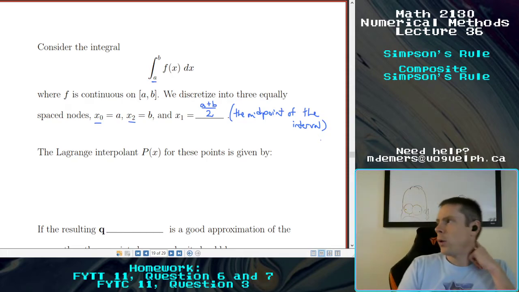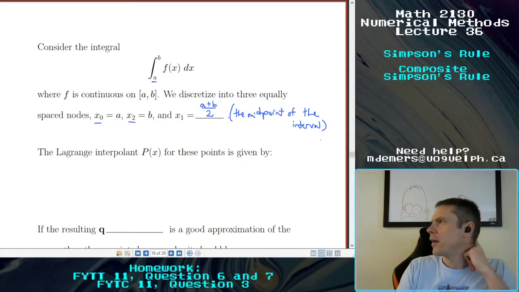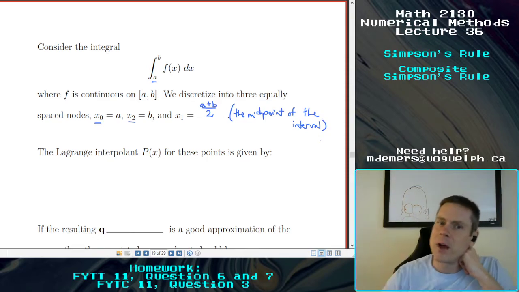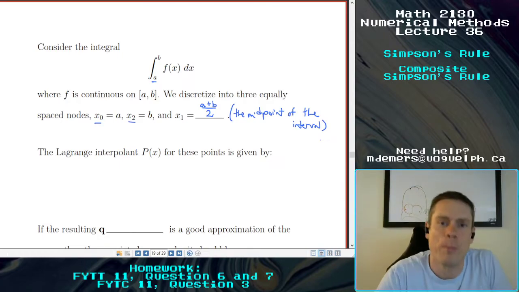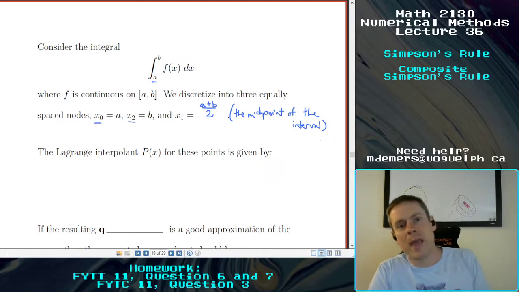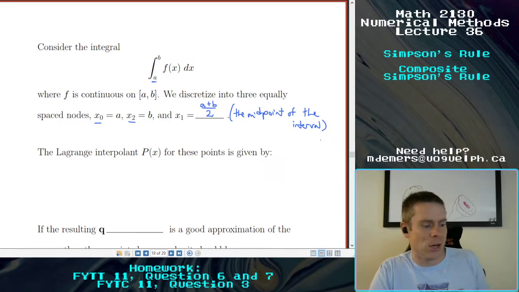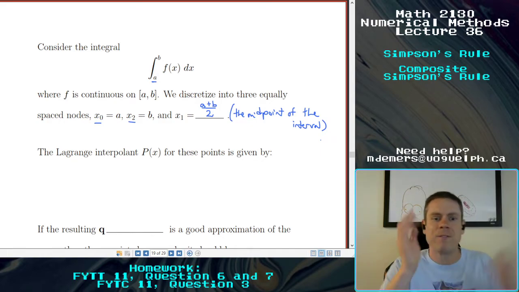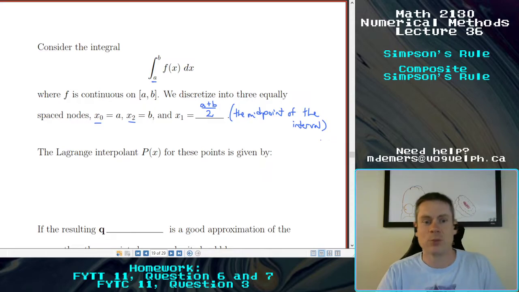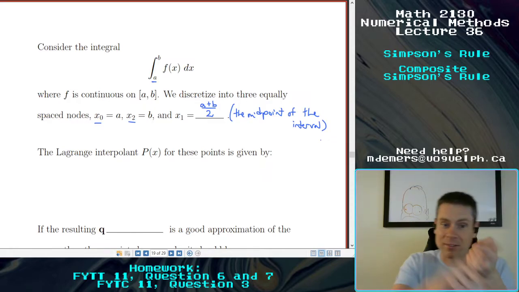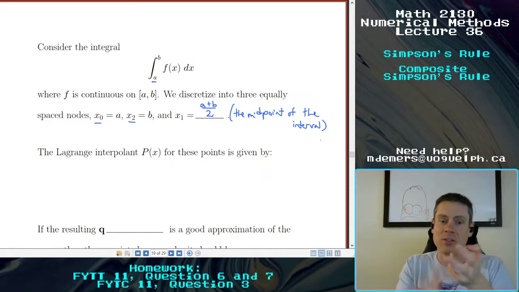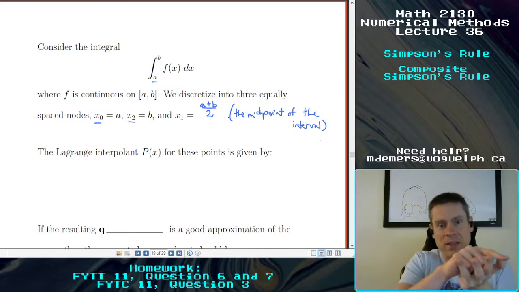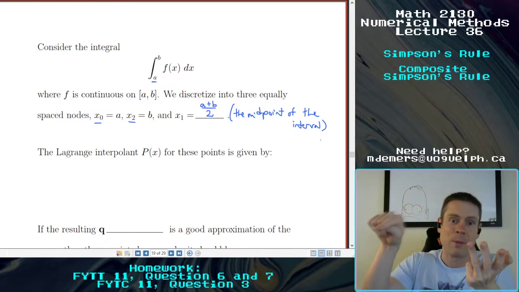Okay, so quadratic. Let's think about how we could create a quadratic. We have the tools. We just have to go back about a month or a month and a half to think about what we used to be able to find a quadratic. We have interpolating polynomials to do this, right? We can find a Lagrange interpolant that takes 3 points, i.e. x0, x1, and x2, and interpolates the curve f of x at those 3 points.